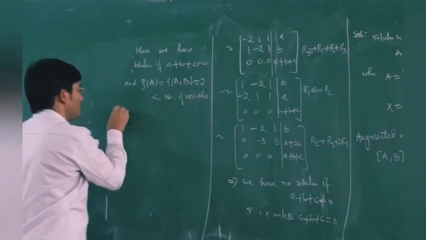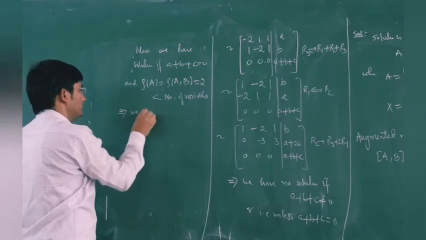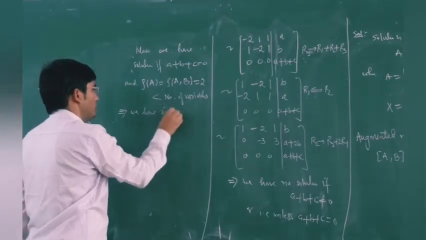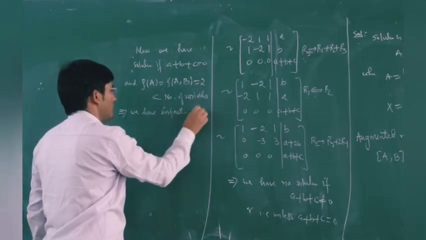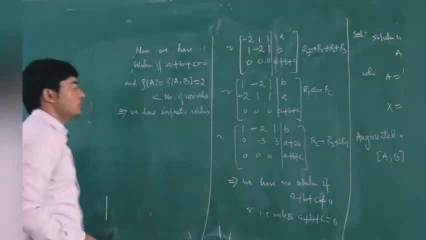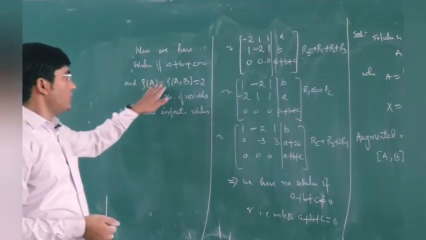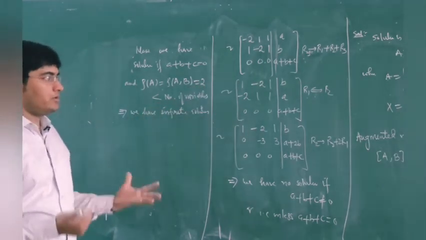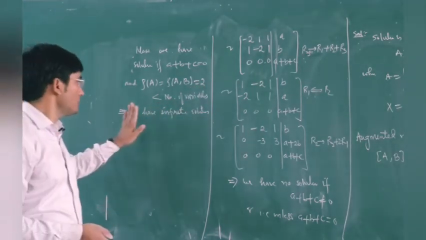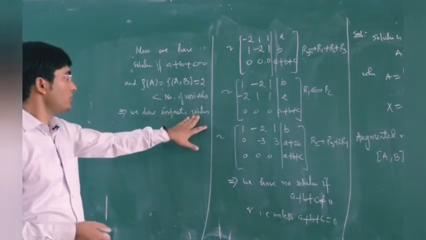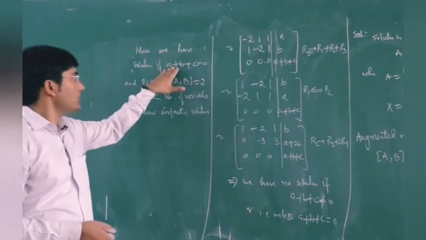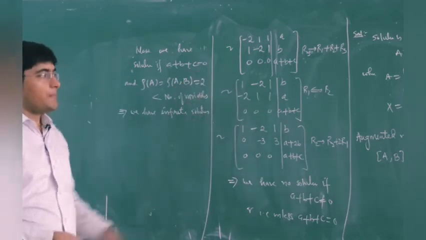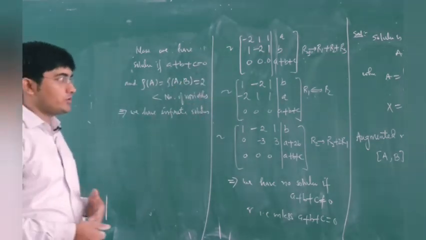So in this case we have infinite solutions. If rank A equals rank AB equals 2, which is less than 3, the number of unknowns, then we will have infinite solutions. So we can say that if A plus B plus C equals 0, then we have infinite solutions.